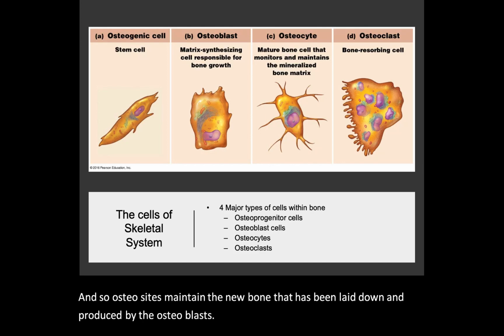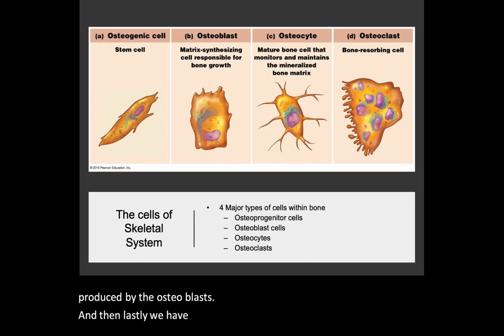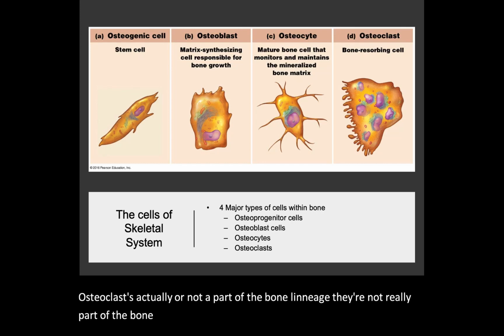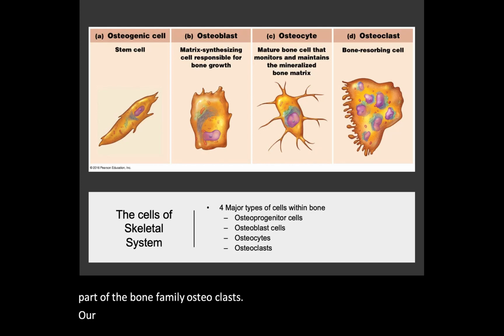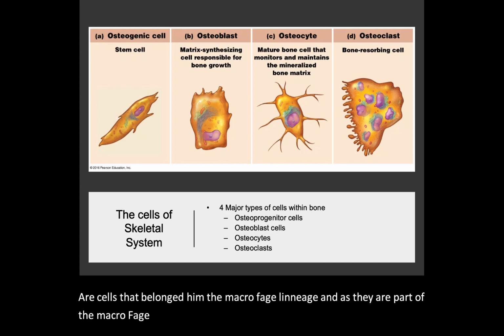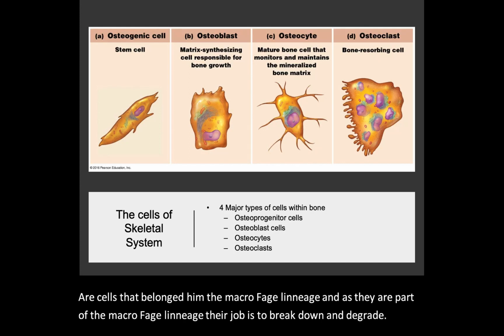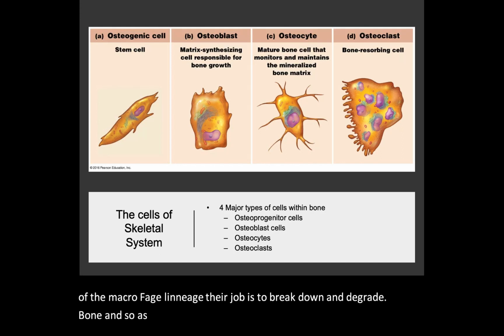And then lastly, we have osteoclasts. Osteoclasts actually are not a part of the bone lineage. They're not really part of the bone family. Osteoclasts are cells that belong to the macrophage lineage. As they are part of the macrophage lineage, their job is to break down and degrade bone. And so as the bone wears out, it is broken down by osteoclasts.